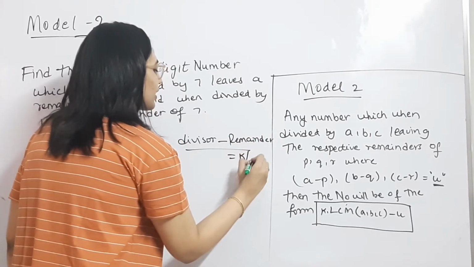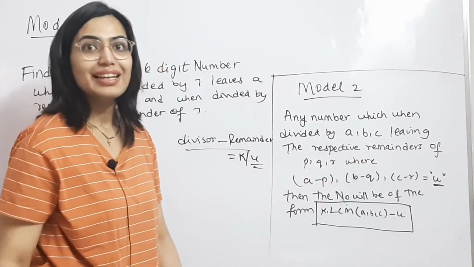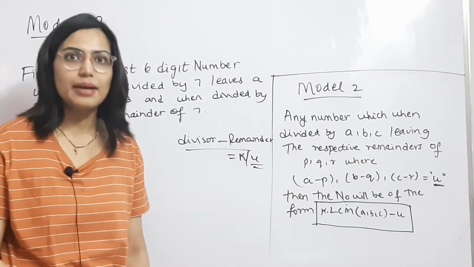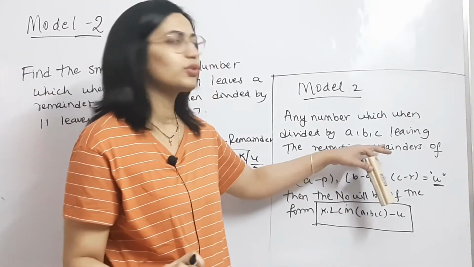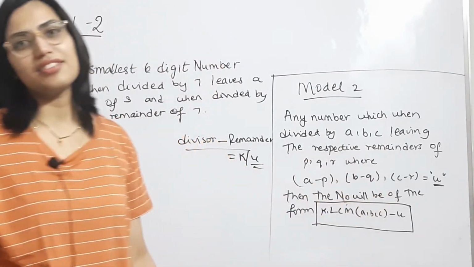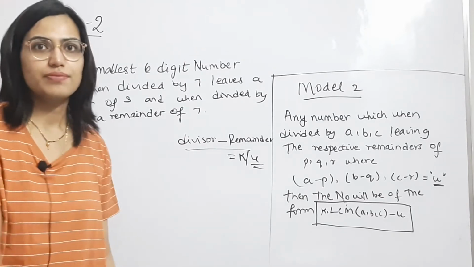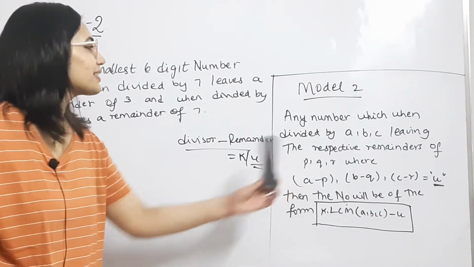This is equal to 1k, or 1 unit for that matter. If that model comes in your exam, immediately identify the LCM of those 3 divisors and then subtract the common difference. Okay, that is model 2.